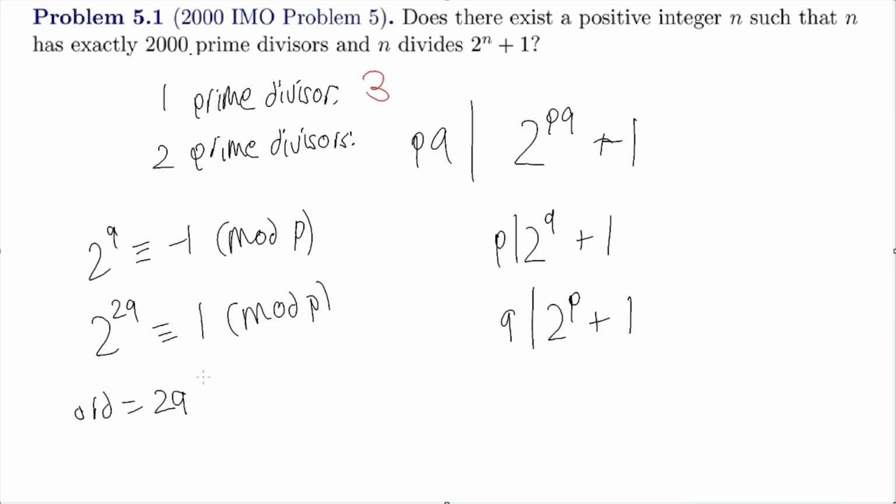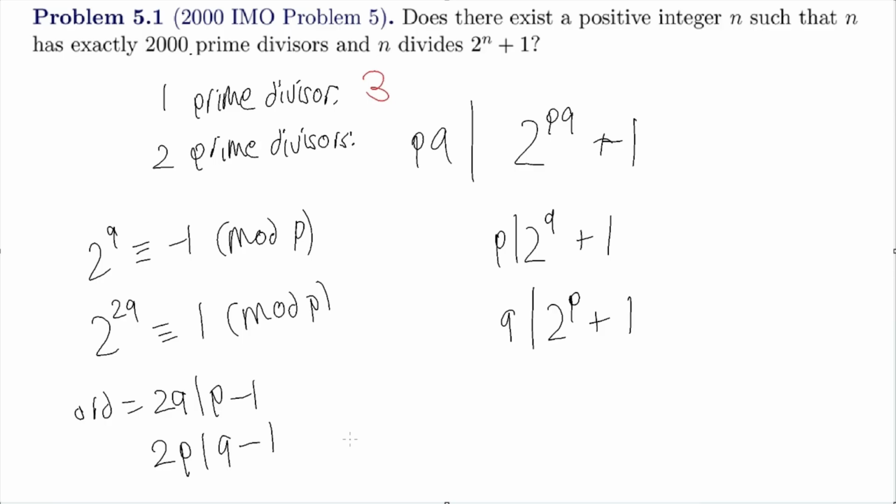And as a consequence, we know it divides p minus 1. And similarly, we also know that 2p divides q minus 1 as well, in the case where neither is equal to 3. And this makes us think that we're going to get into some sort of size issue.